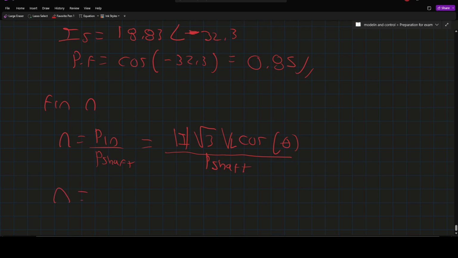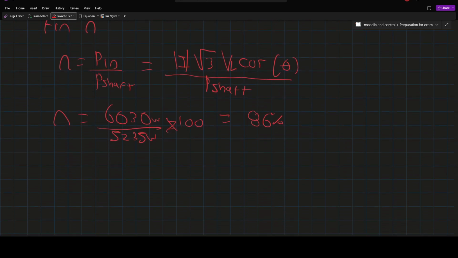So we get an eta of 5,235 watts over 6,030 watts. We multiply by 100 to get a percentage, and we get that it is 86% efficient.